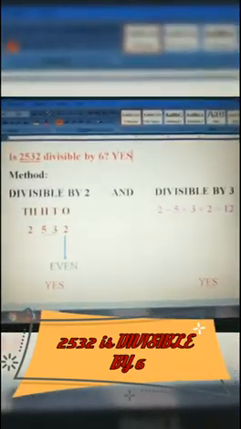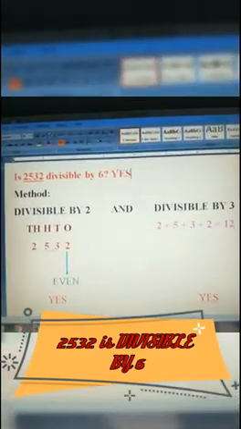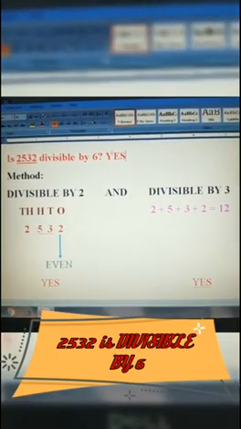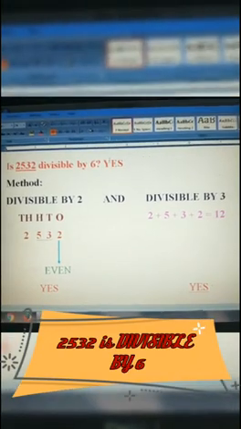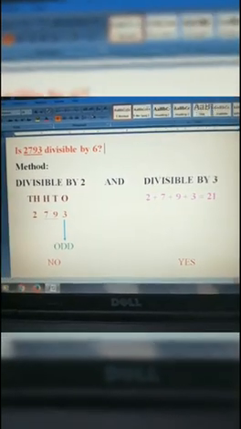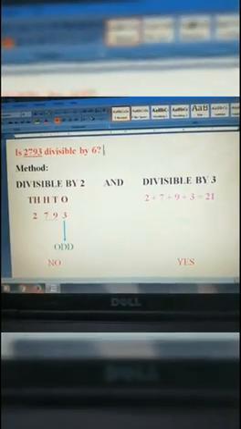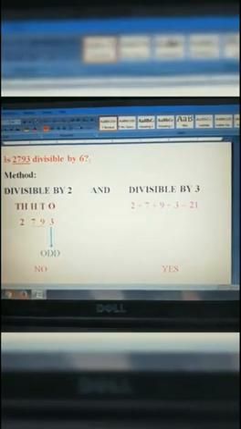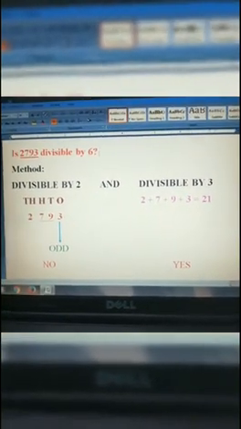Yes, the number 2532 is divisible by 6. Likewise, we will find out whether the number 2793 is divisible by 6 or not. Let's watch. Is 2793 divisible by 6 or not?